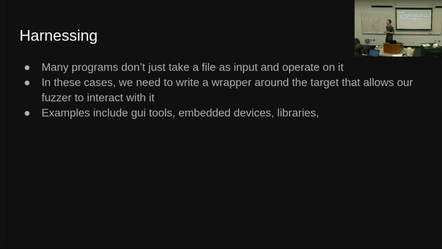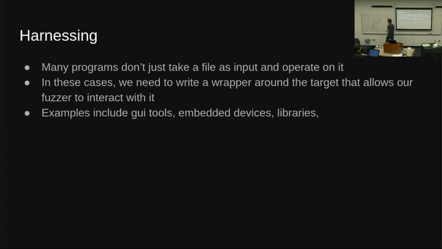Or you're dealing with some embedded device, like a small router, where you can't put your fuzzer onto the device. So you need some other way. Maybe you get the firmware off the device, you emulate it, and then your harness writes the input straight into the target's memory space. There are a lot of techniques in that space for how you harness the target.